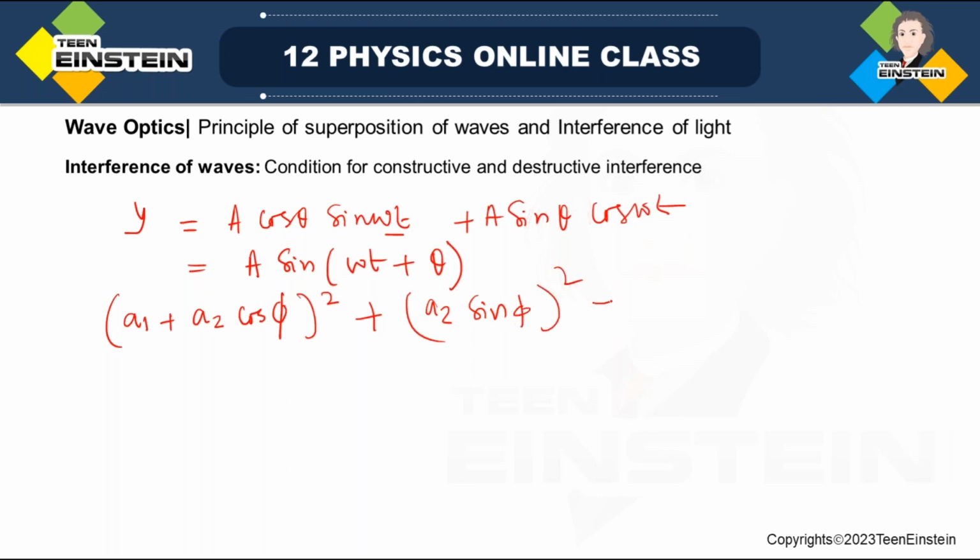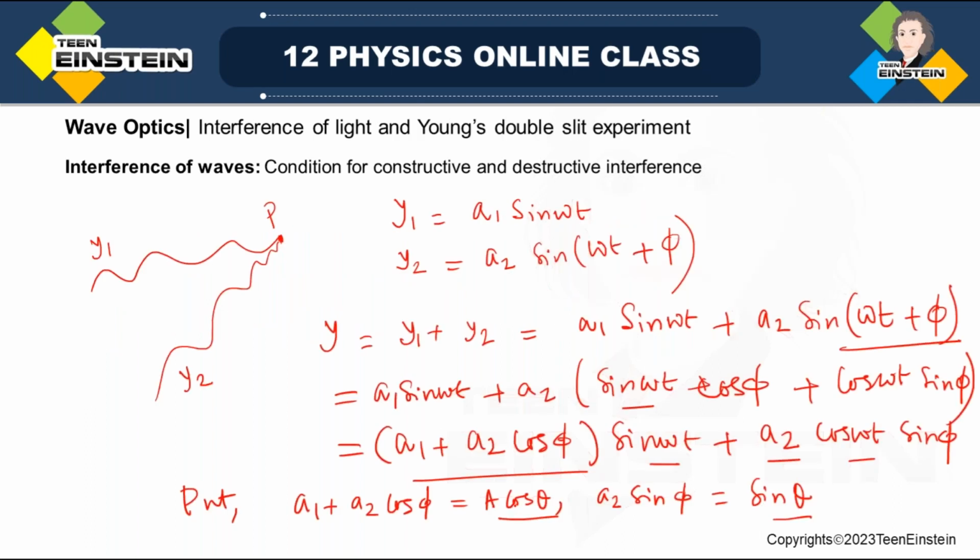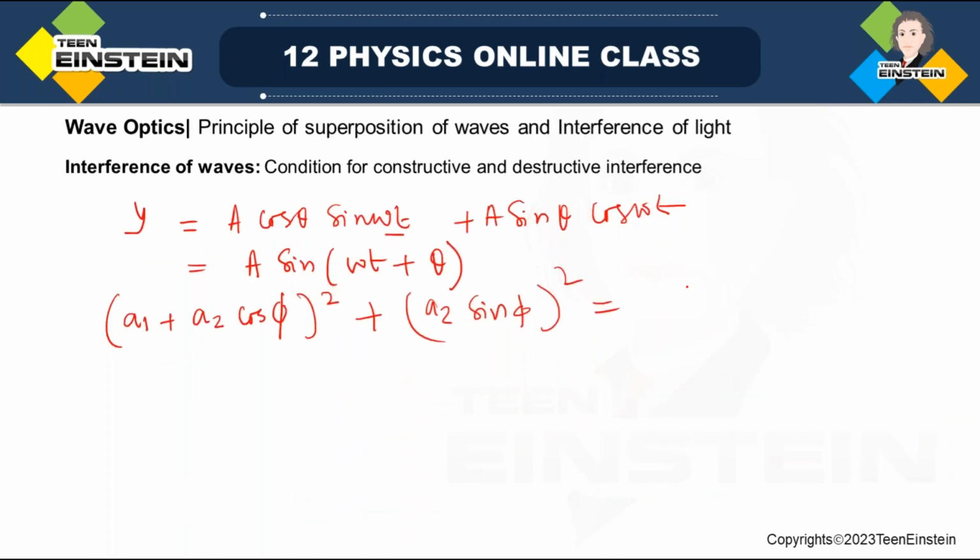I'm just squaring them out. We had taken this to be a cos theta, so (a cos theta) square plus here it will be (a sin theta) square. Then I have added.